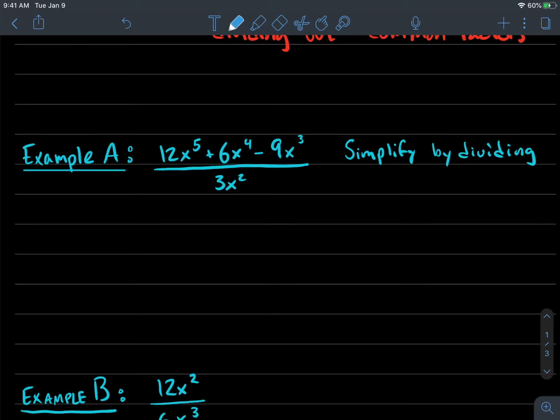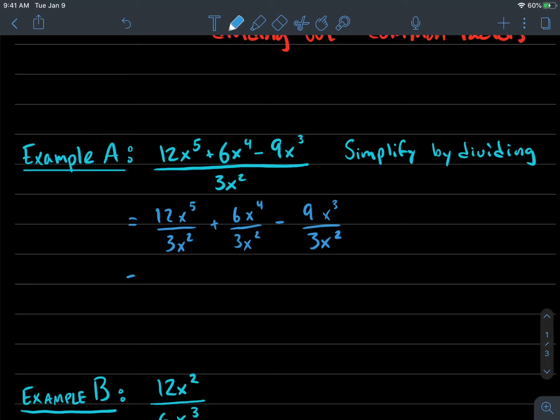So the way we're going to rewrite this is 12x to the fifth over 3x squared, and also 6x to the fourth over 3x squared minus 9x cubed over 3x squared.